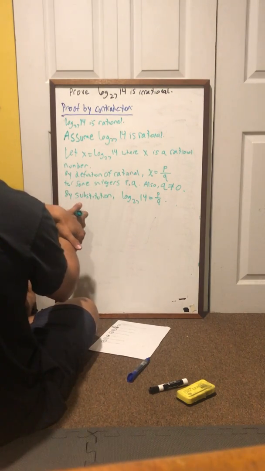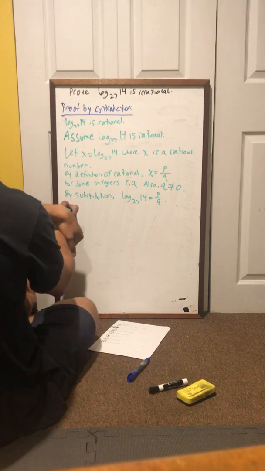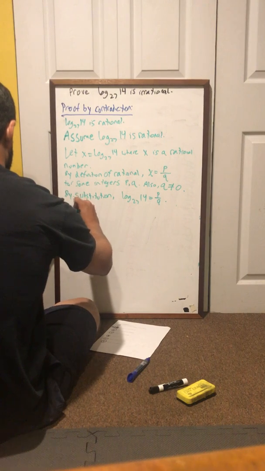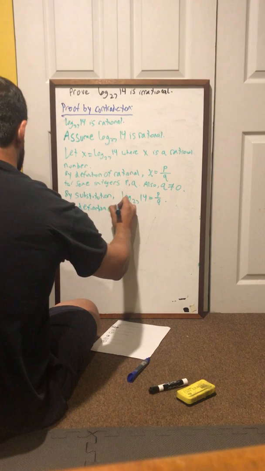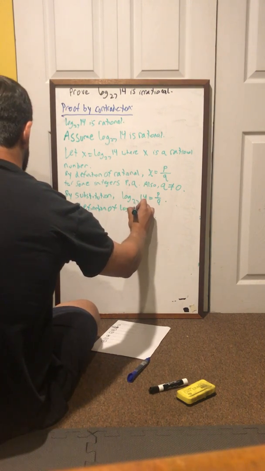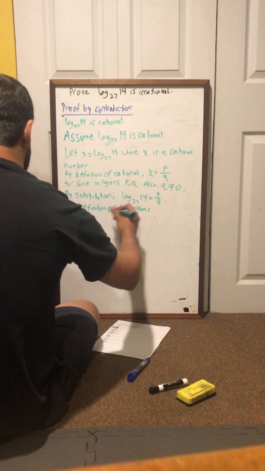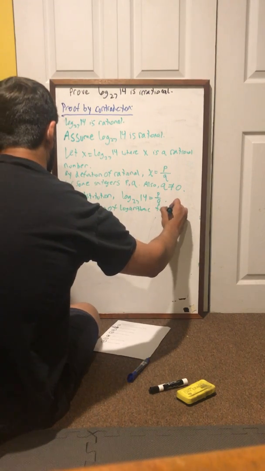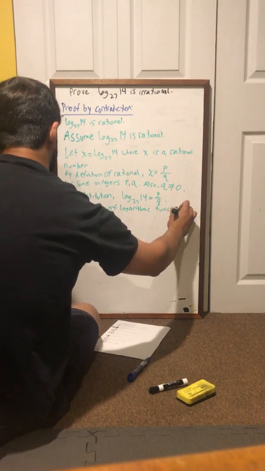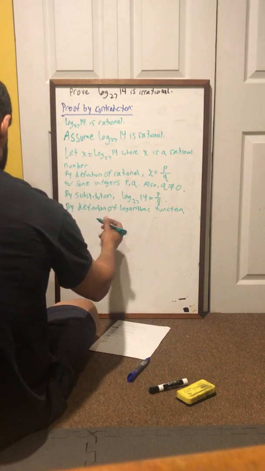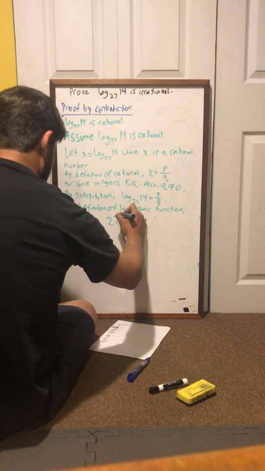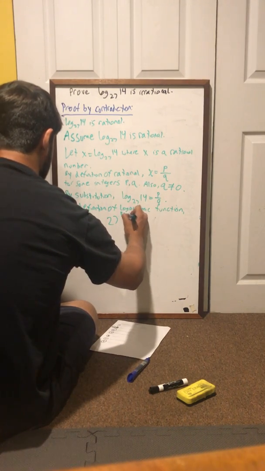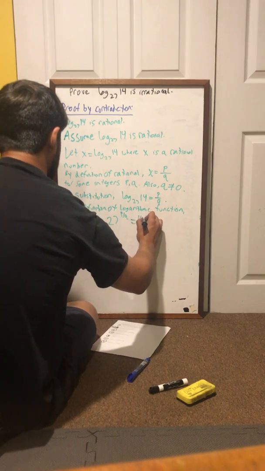From here, we're going to use the definition of logarithmic function. We're going to then say 27 raised to the power of p over q equals 14.